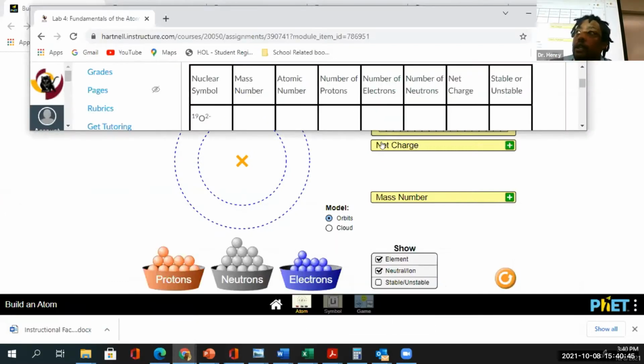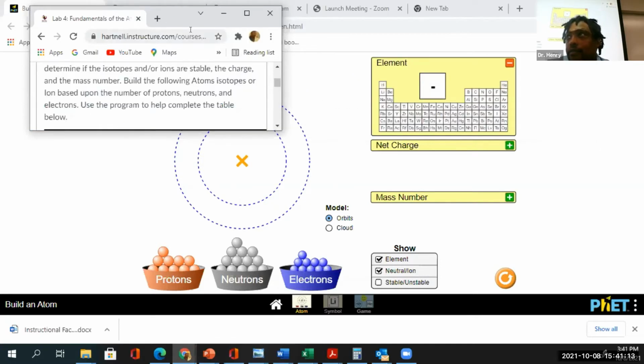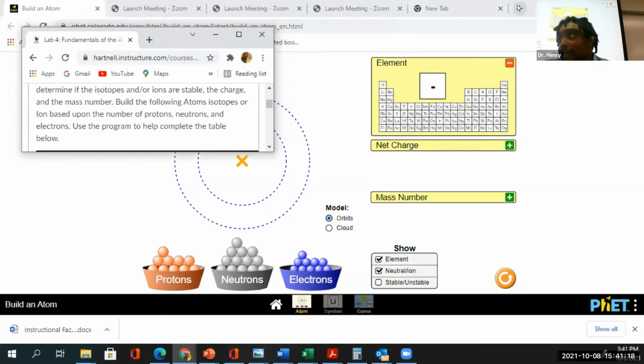Okay, so if I look on the periodic table, oxygen has how many protons? Does anybody remember how to calculate that? Let's pull up the periodic table then.